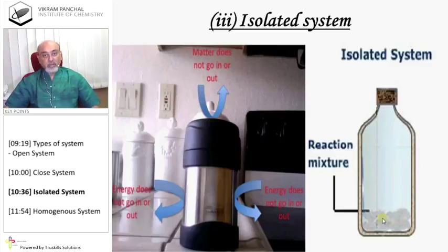You cannot expect that the hot tea remains hot after 2 hours or maybe 2 days. It will be very chilled, cold, and that's why it is not a permanent isolated system. Well, there is one permanent isolated system, and that is universe, because total energy of universe, total mass of universe remains constant.